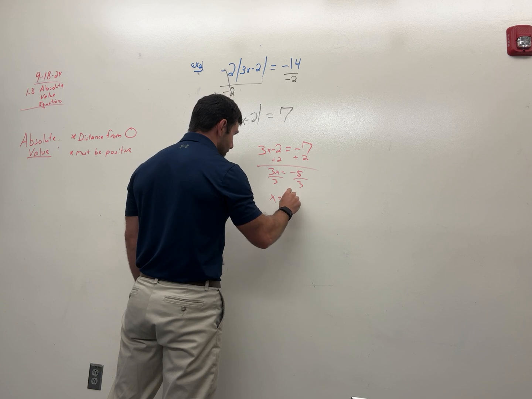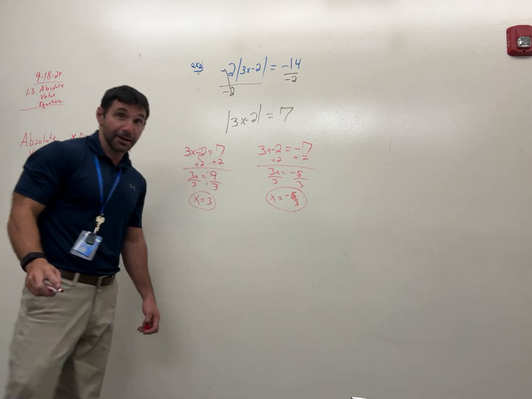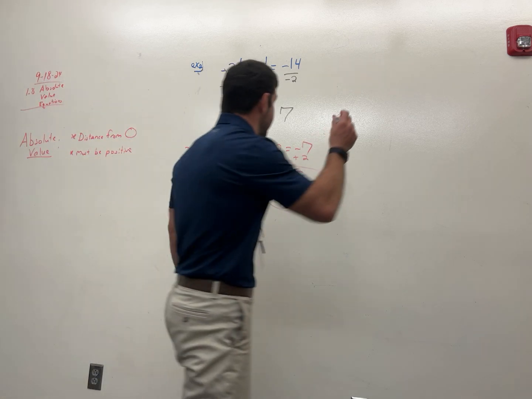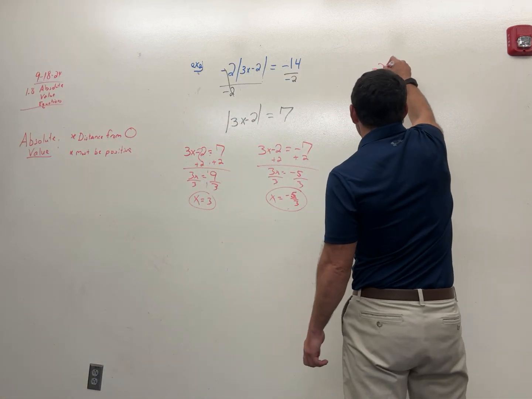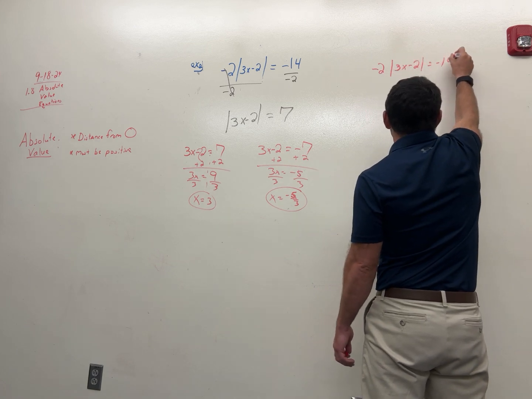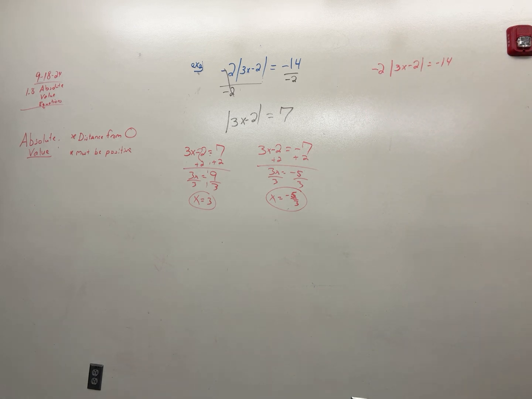And this is why it's going to be very important that you guys have those calculators, because now we're going to substitute it back in. So the original was negative 2 times the absolute value of 3x minus 2 equals negative 14. You have to check to make sure that you don't have extraneous solutions. Extraneous, again, means we were able to solve it, but it doesn't work when we actually plug it back in.